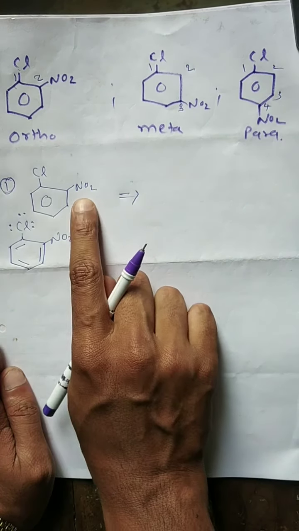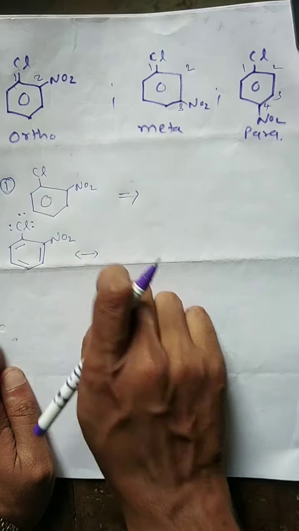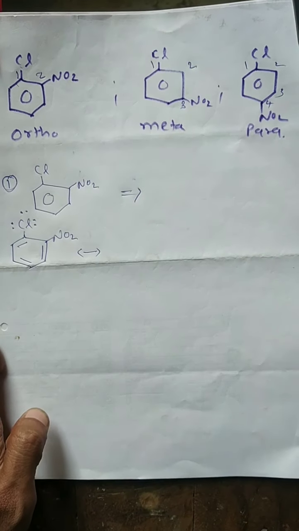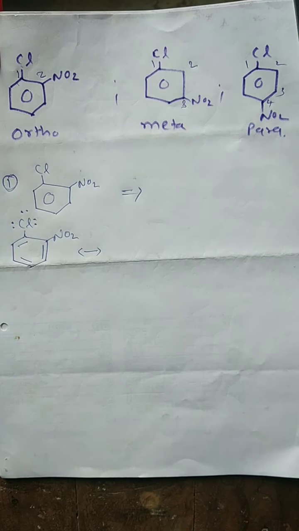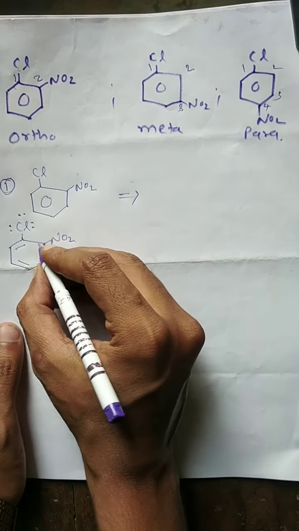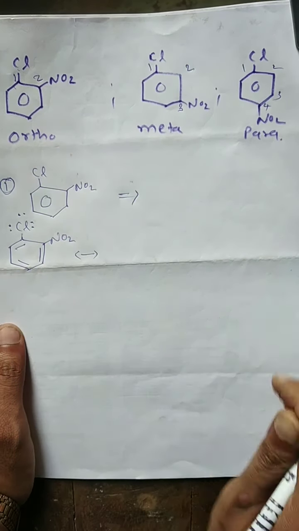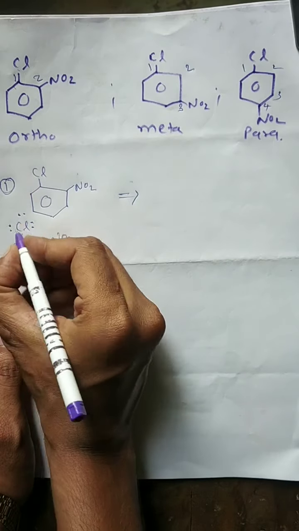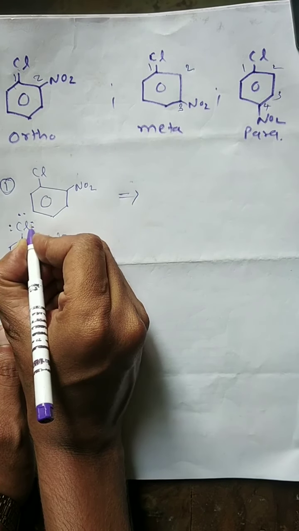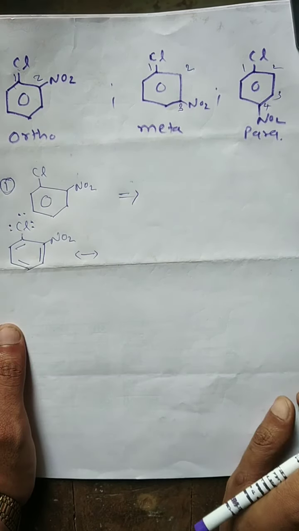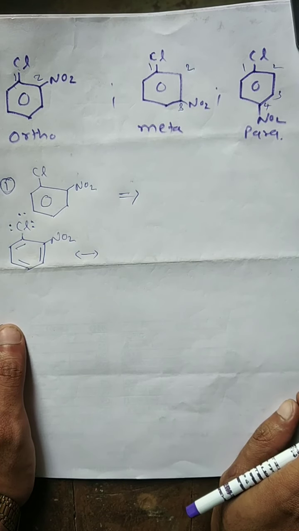First, let's take orthonitrochlorobenzene. In order to find out the reactivity, we have to draw the resonance structures here. How? Look here. These three double bonds are there in the benzene structure, and chlorine has three non-bonding electron pairs.